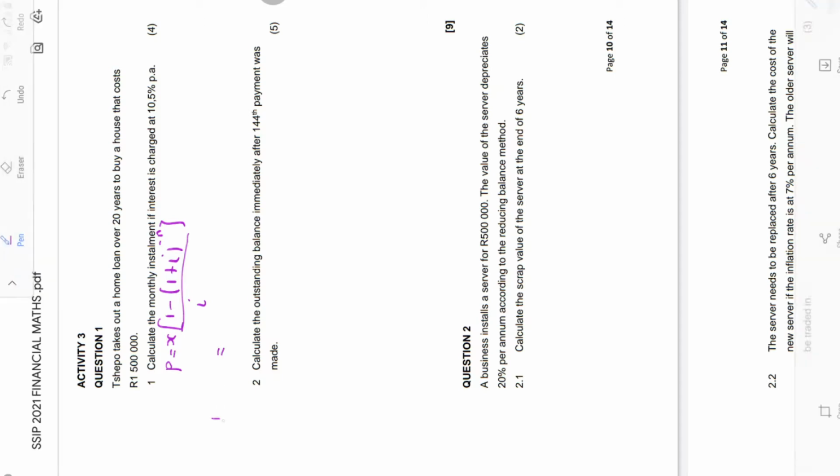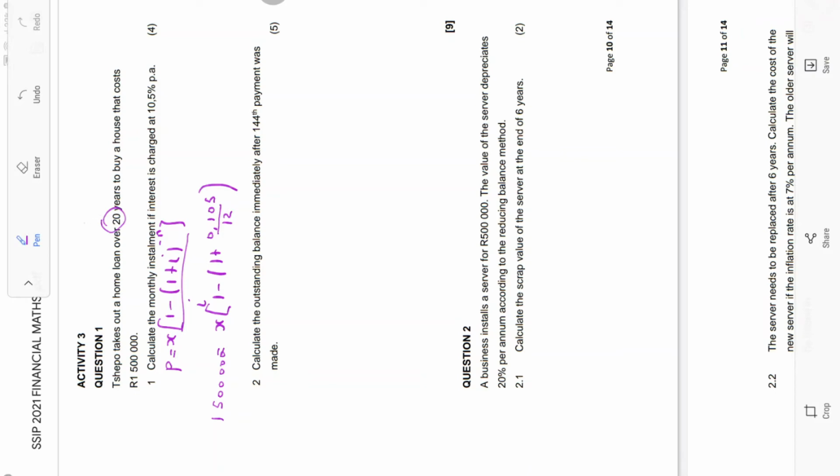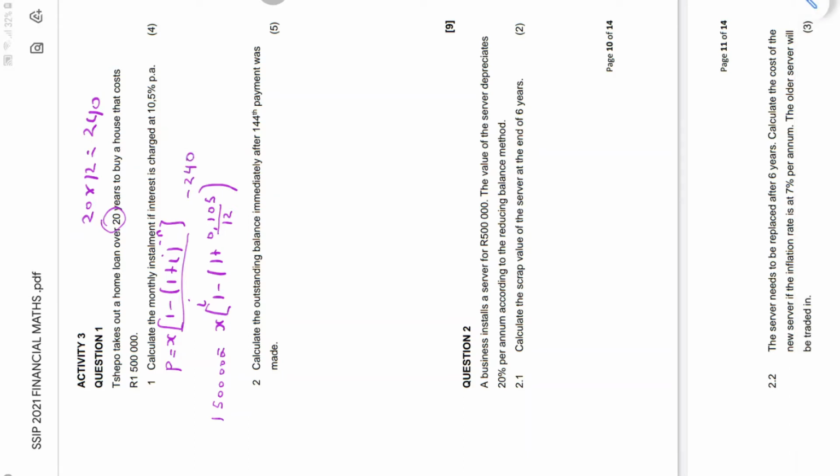The loan is 1,500,000, and we are looking for the x value. 1 minus (1 plus our i is 10.5% monthly, so it's compounded monthly), to the power, so 20 times 12, that gives you 240 months, so to the power of negative 240, close brackets, over 0.105 over 12.